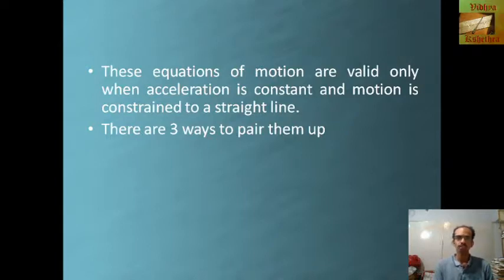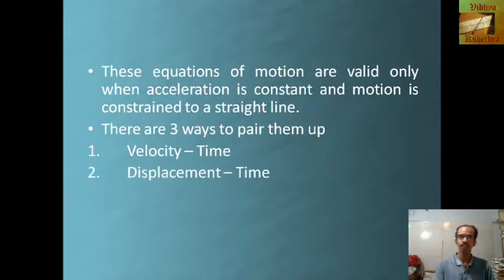There are three ways to pair these equations of motion. First one is the velocity-time relation. In this equation of motion, a relationship between velocity and time is shown. Then there is the second one, which is the displacement-time relationship.